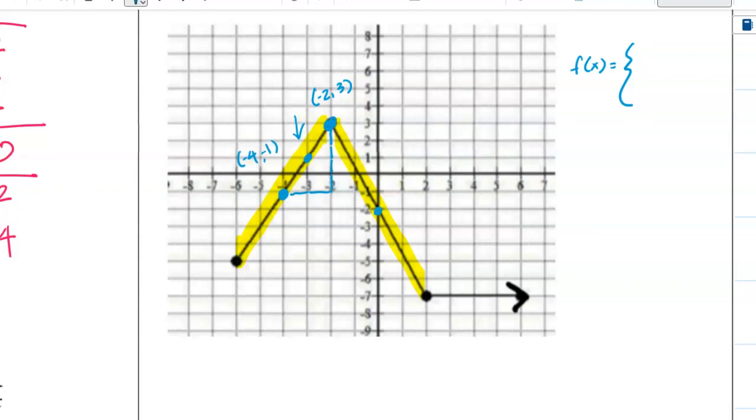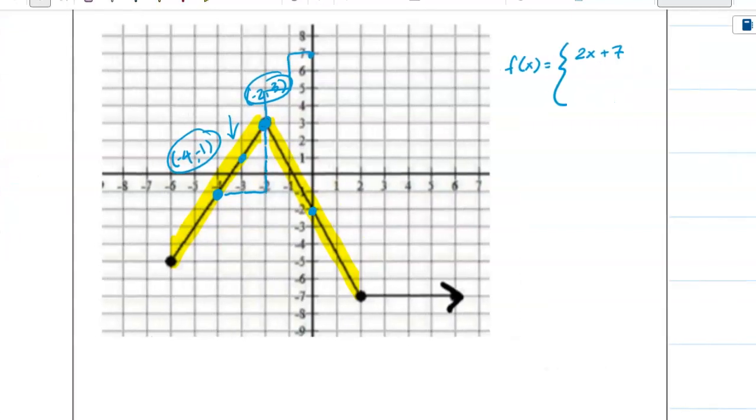So the slope is going to be a +2. If I keep on taking that slope, +2 to the right, +2 to the right, it's going to be 2x plus 7. Or you could find the slope using these 2 points if you wanted to. But if you know slope, you could keep on counting up. And if it's on a graph, then you can find the y-intercept.